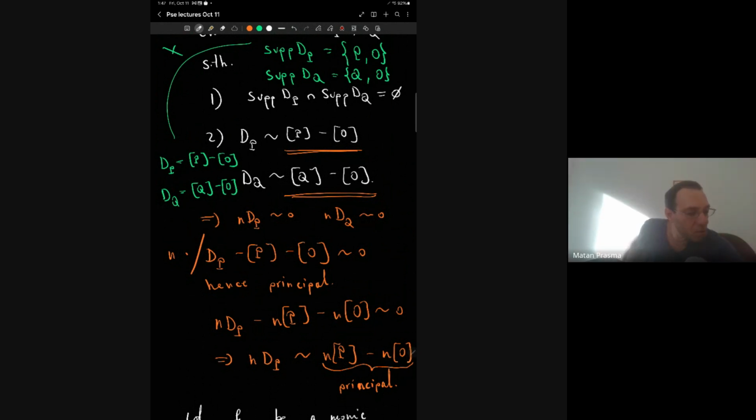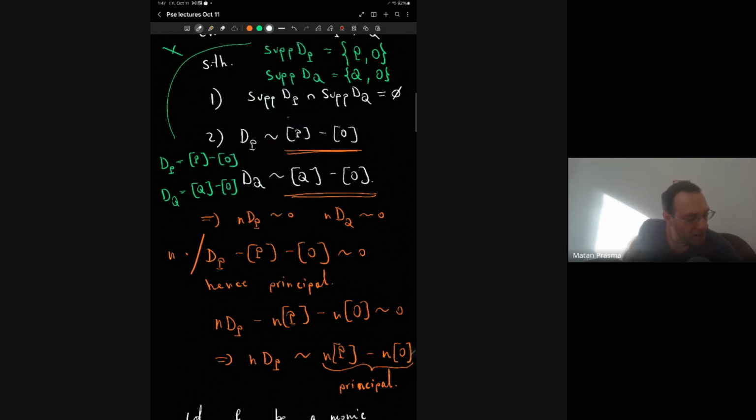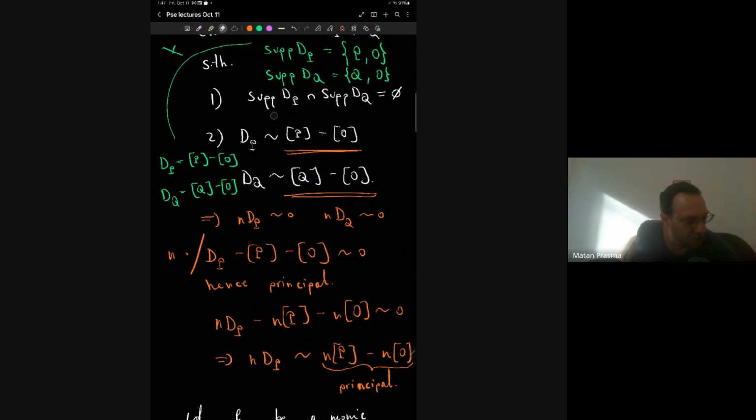So what I can do, let me write it in another color, is take DP, for example, I will soon get into explicit details, to be P plus R minus R for a carefully chosen R. Then I claim that this DP is equivalent to P minus O. But if I choose R carefully, it can have a support disjoint from DQ. And let's say I take DQ to be Q minus O.